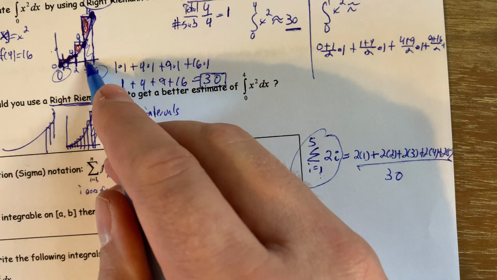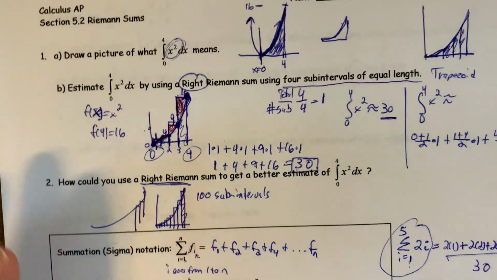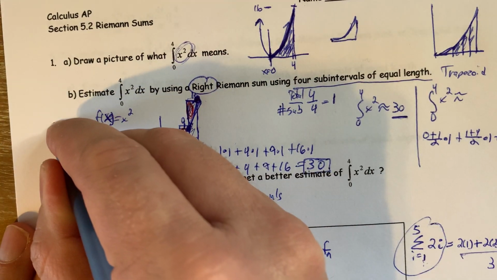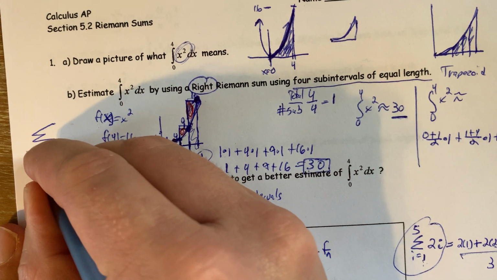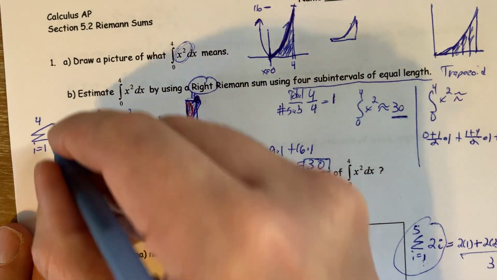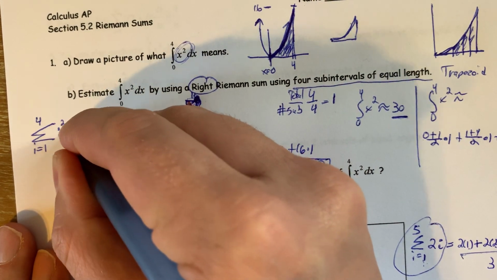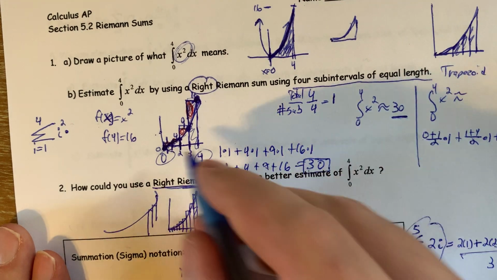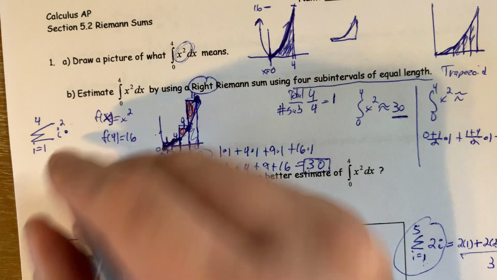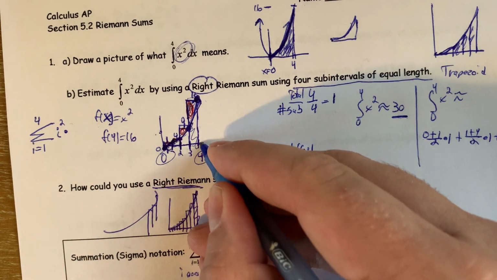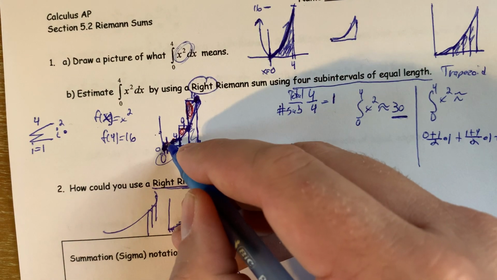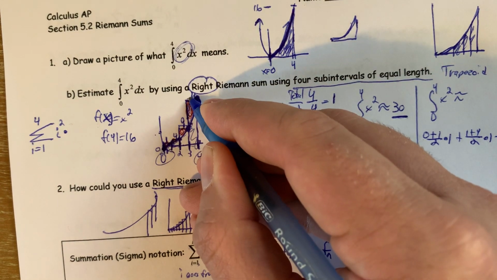So let's look at how we could have written this sum up above that we already did. There were 4 subintervals, so we're going to put the sum from i equals 1 until 4 of i squared times... So we were finding the length times the width of these rectangles, and this was i squared times, we took this was the length of the rectangle, so it'll be like 1 squared, 2 squared, 3 squared, and 4 squared.